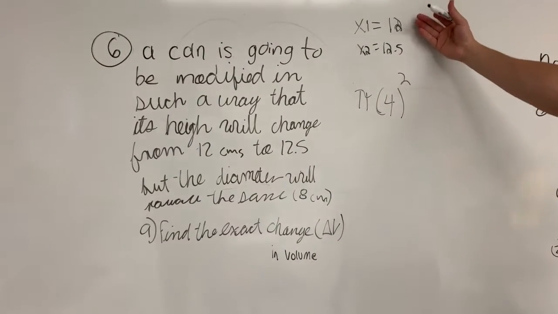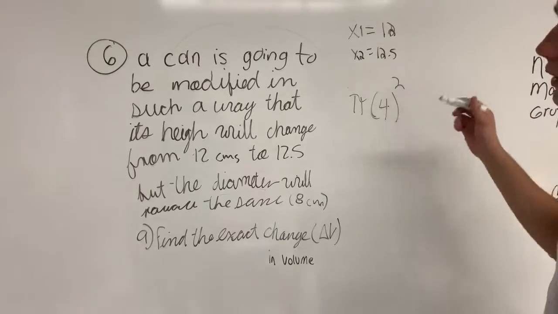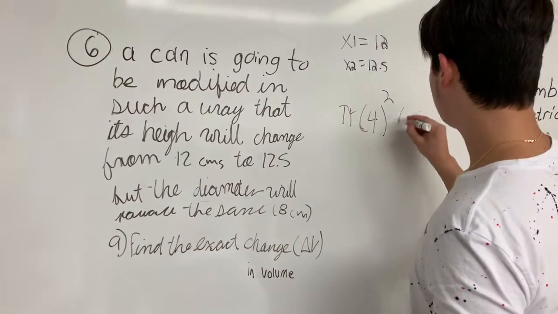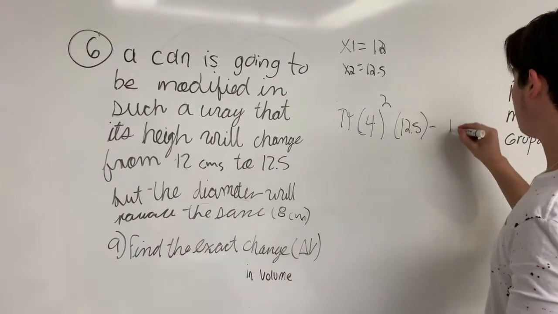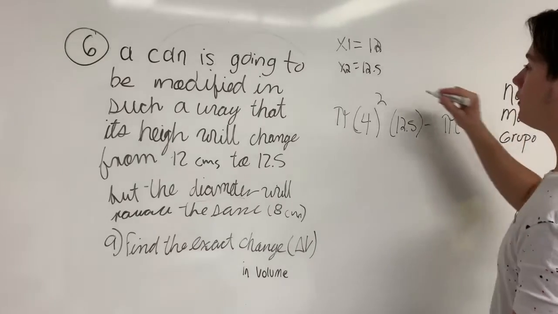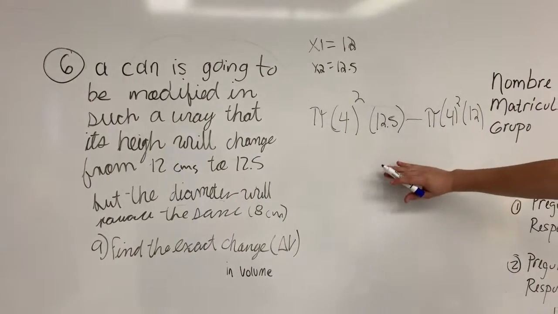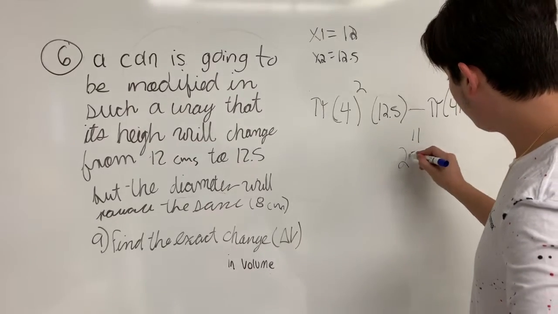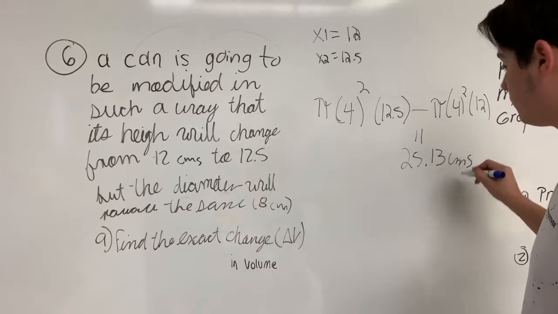First you need to put the x2, because later on you will subtract the x1: pi times 4 squared times 12.5, minus pi times 4 squared times 12. After doing all the algebra in this problem, the final answer will be 25.13 centimeters cubed.